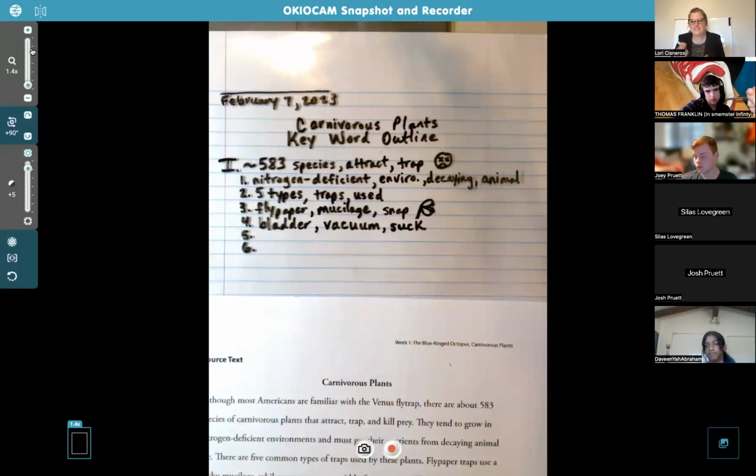So maybe it waits until a fly or some kind of insect, a ladybug, who knows, something small probably, and waits till it gets close. I just think that's cool. I mean, it's a plant. It's almost like it has a brain, but it doesn't have a brain. So I don't know, it's weird. Kind of cool.